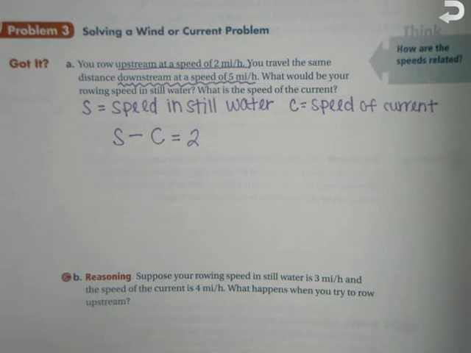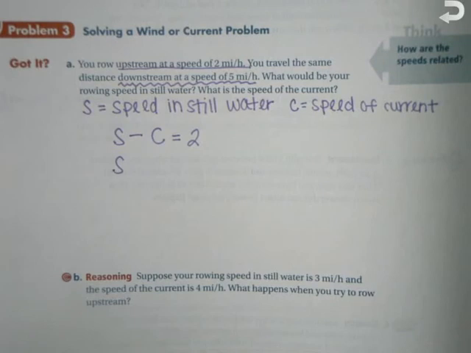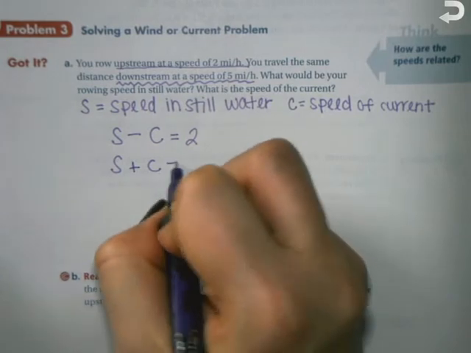Now, we are assuming that you are rowing at the same speed. So to go downstream, I have my still water speed, and then is the current helping me or working against me when I'm going downstream? It's helping me, so we're adding the current speed. And that should come out to 5.